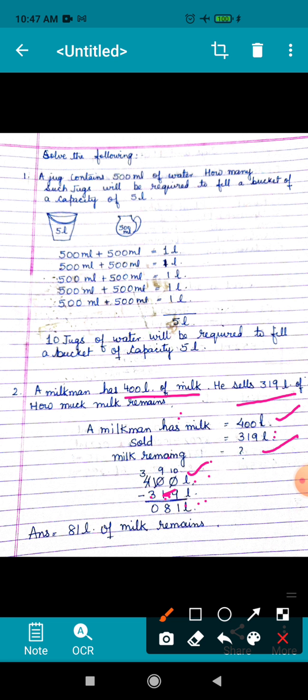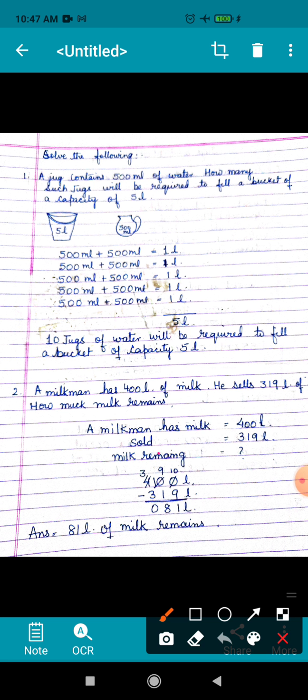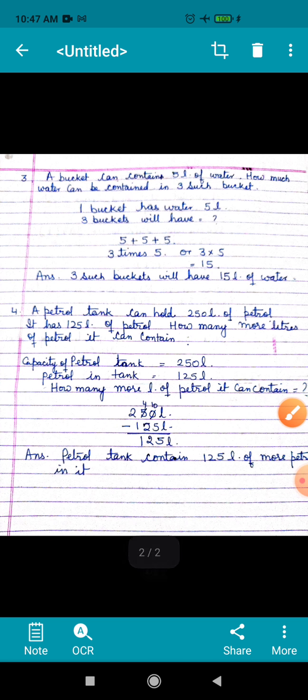Now this 10 has given 1 to the ones place and becomes 9. Now we can easily subtract: 10 minus 9 becomes 1, 9 minus 1 becomes 8, and 3 minus 3 becomes 0. So 81 liter of milk remains with the milkman, right?